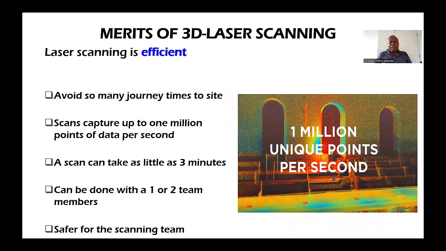But with a 3D laser scanner, you minimize the number of journeys to site. Scanners can actually capture up to 1 million data points per second. Very few people can be involved in scanning a building, and it's often very safe for a scanning team, because you can be located at one point and be able to scan the whole building instead of having to go around or climb the building using a ladder.